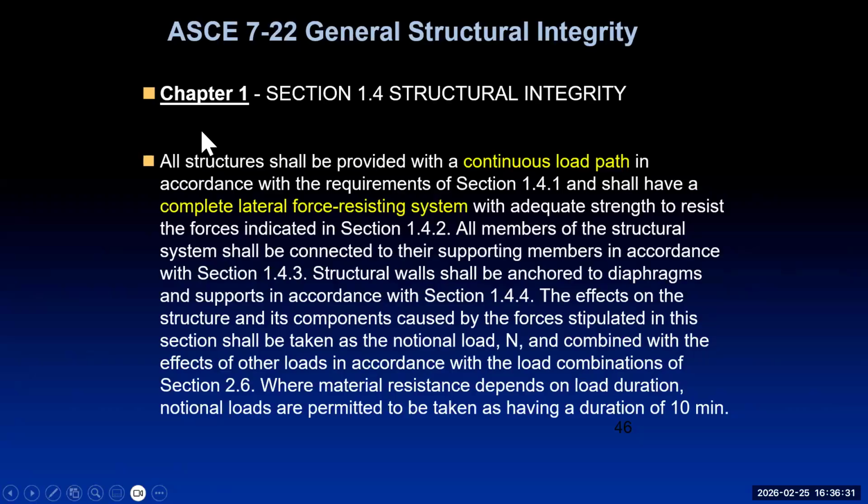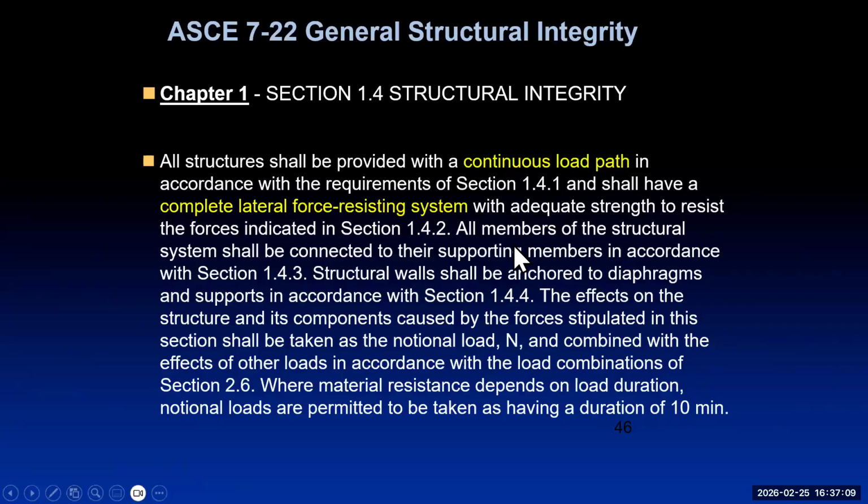General structural integrity in ASCE 7-22. This is a design document, and I'll just read to you what this says because it is very important. All structures shall be provided with a continuous load path in accordance with the requirements of section 1.4.1 and shall have a complete lateral force resisting system with adequate strength to resist the forces indicated in section 1.4.2.